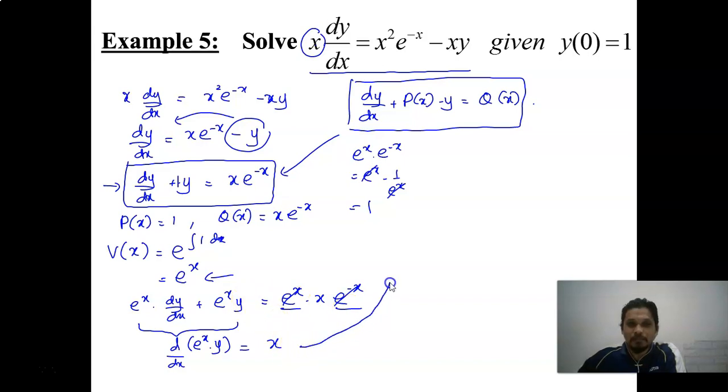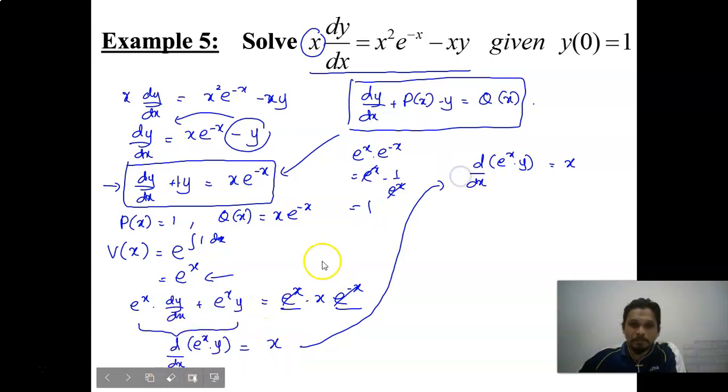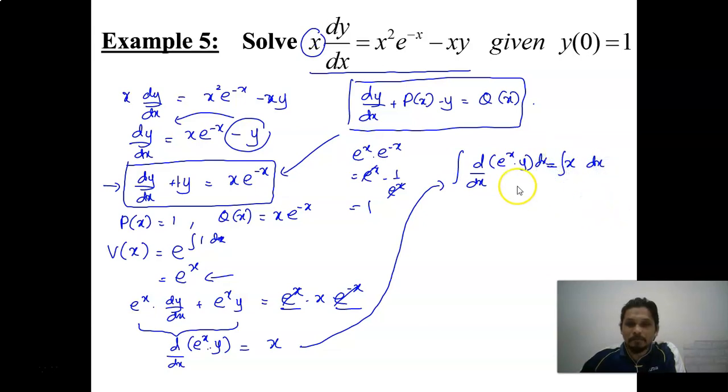Now, d/dx of e^x times y equal to x. Now integrate the left side dx and integrate x dx.